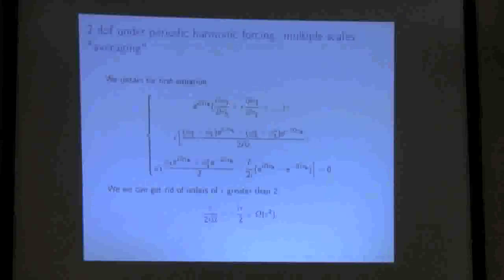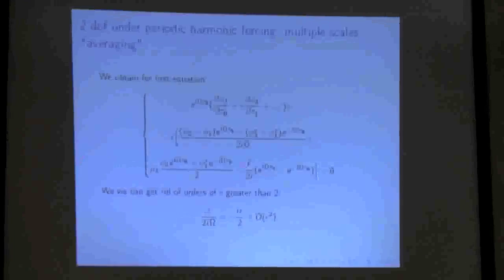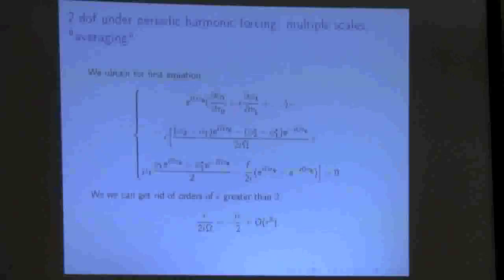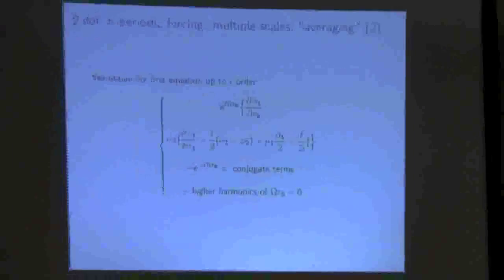So I obtain, I started to write what happened with epsilon 0, epsilon 1 terms. So you have this equation, but we can get rid of terms of orders of epsilon greater than 2 because we introduced the omega equal 1 plus sigma epsilon. So this term will be simply minus i divided by 2 epsilon, and you see that it could be useful to finish the multiple scale analysis.